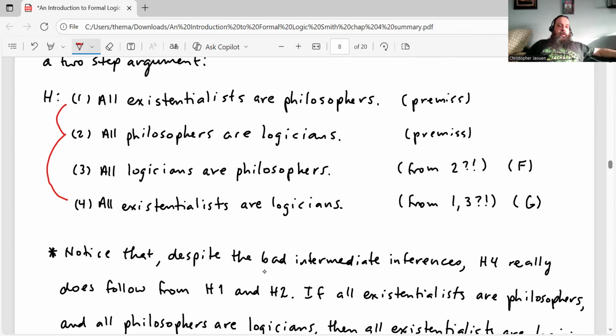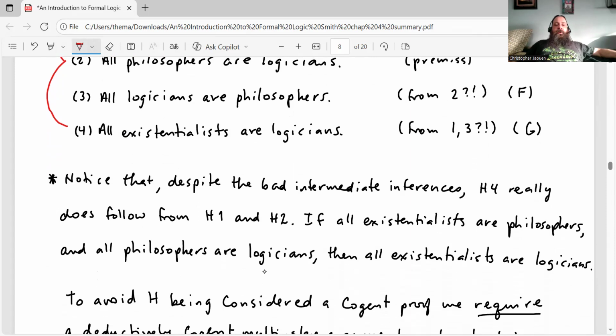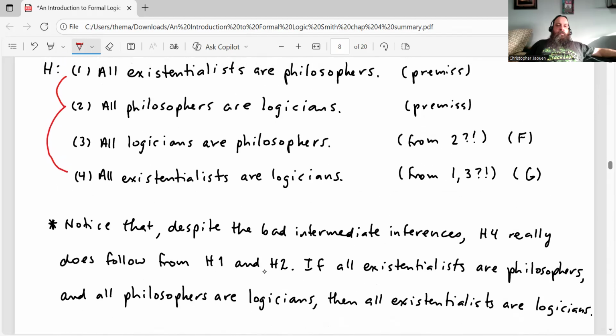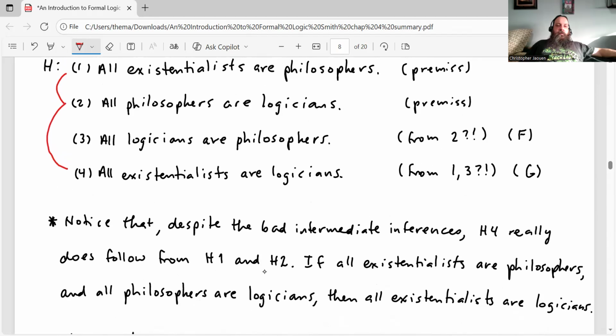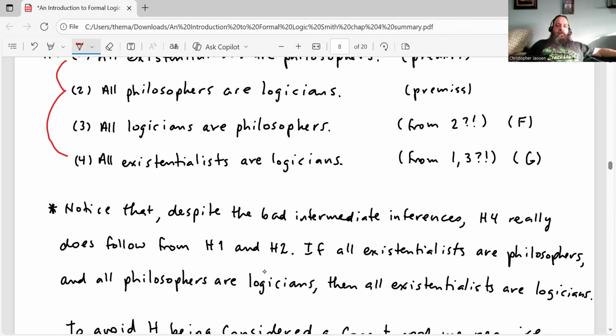But anyway, here's what the author says. Notice that despite the bad intermediate inferences, H4 really does follow from H1 and H2. So it's a valid syllogism if you consider premise one and two. Four follows validly from that. It's a valid inference step.